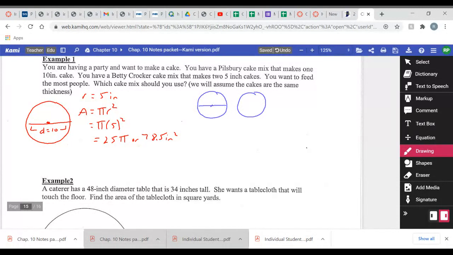So in this case, my diameter is 5 for each one. So my radius on both of these is 2.5.